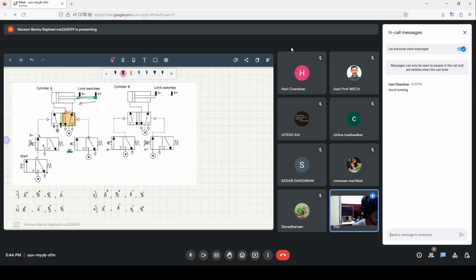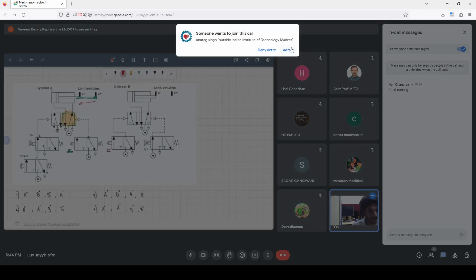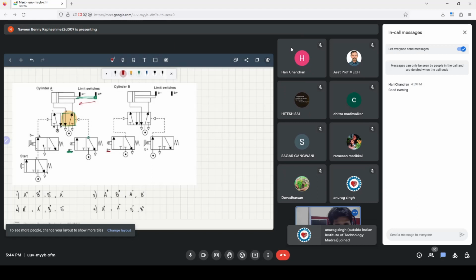Because cylinder A has retracted, frankly, we can guess the answer directly from this already.